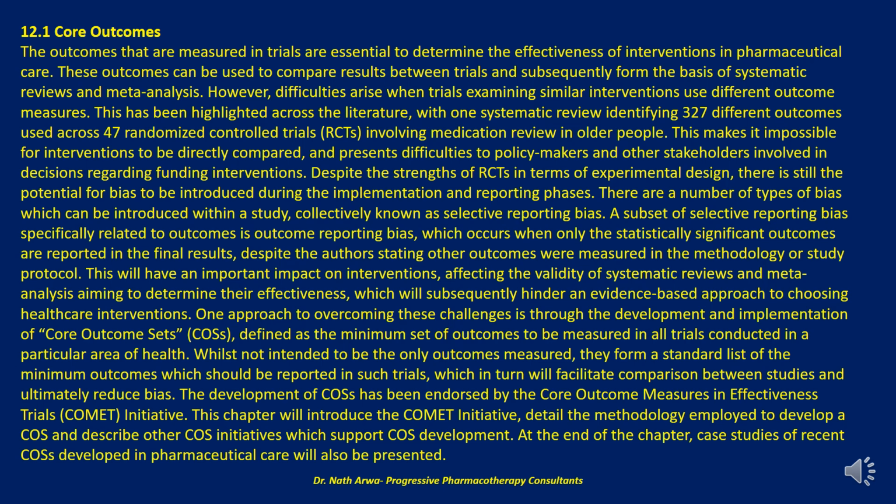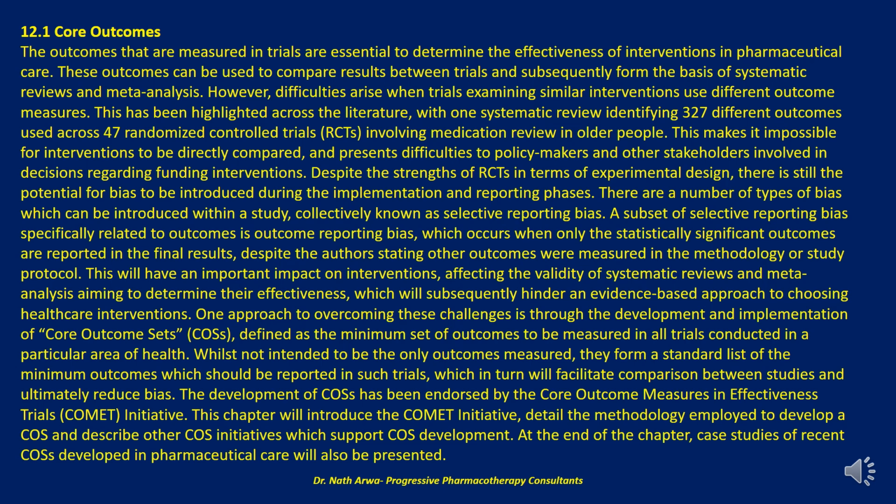There are a number of types of bias which can be introduced within a study, collectively known as selective reporting bias. A subset of selective reporting bias specifically related to outcomes is outcome reporting bias, which occurs when only the statistically significant outcomes are reported in the final results, despite the authors stating other outcomes were measured in the methodology or study protocol.